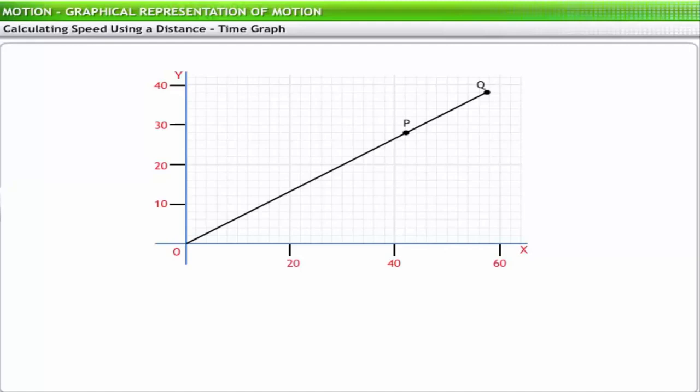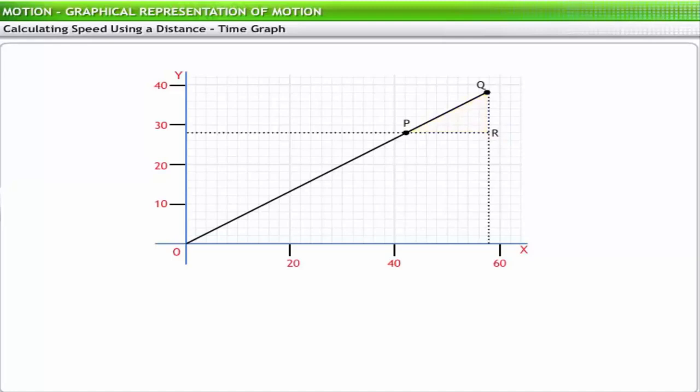To determine the speed of an object, consider a segment PQ of the distance-time graph of an object in uniform motion. Draw a line parallel to the y-axis from point Q and another line parallel to the x-axis from point P. These parallel lines intersect each other at point R to form a triangle PQR.